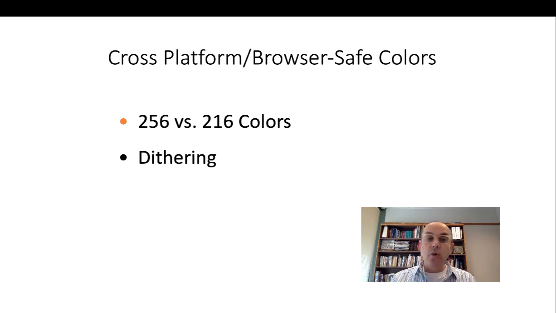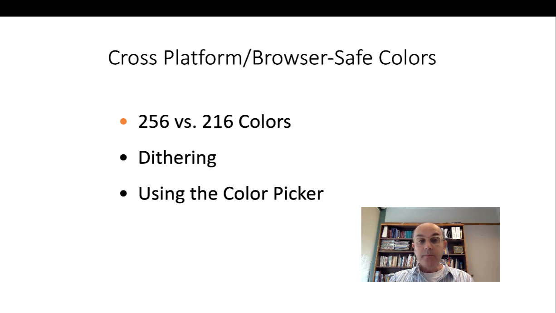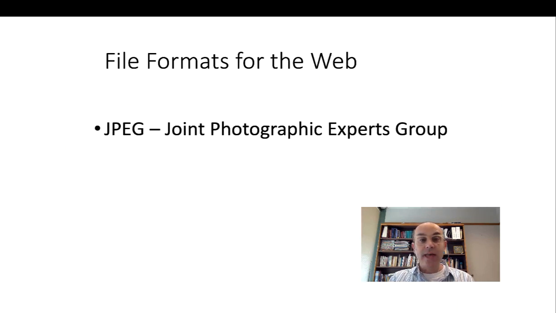Nowadays we are moving towards 256 colors and not the scaled back 216, because nowadays people are buying more new devices, and as a result we can see more colors in our devices on the web. And use color pickers in order for you to do that.